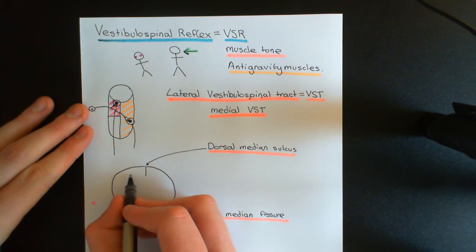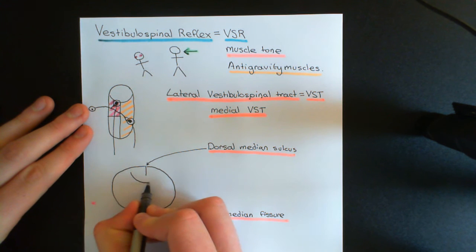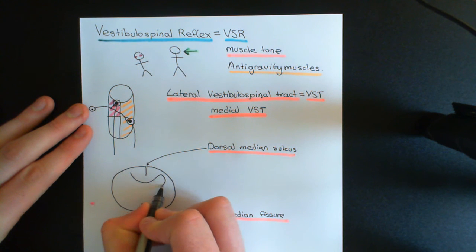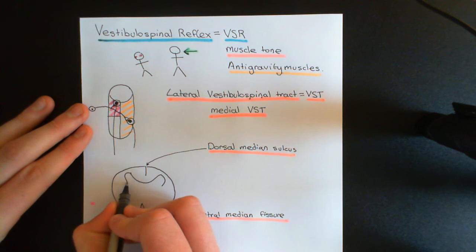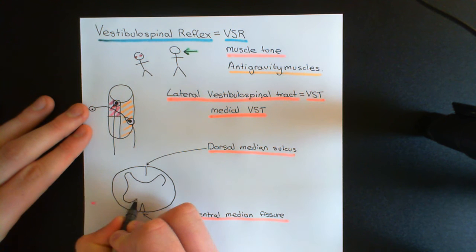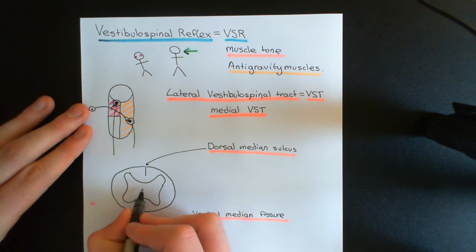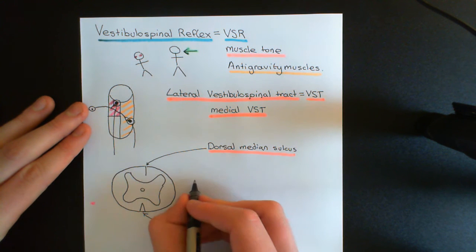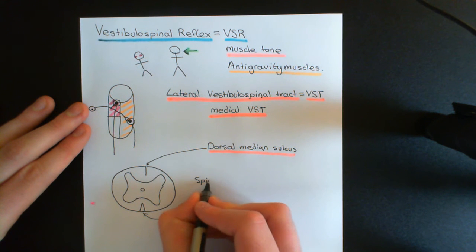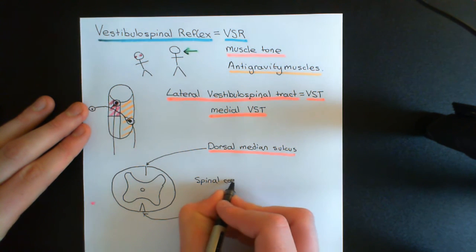Now let me mark on the grey matter. So the grey matter, remember, has this characteristic shape, like so. Here are the dorsal horns, the ventral horns here, like so, and then the commissure in the middle with the spinal canal right in the middle there. So that's the spinal canal.